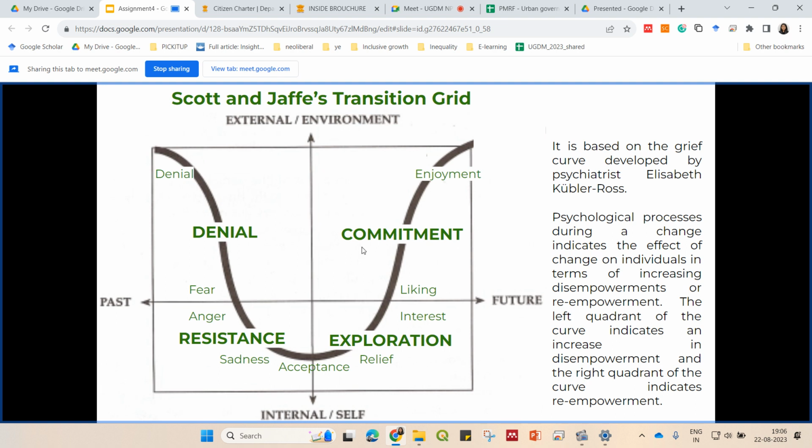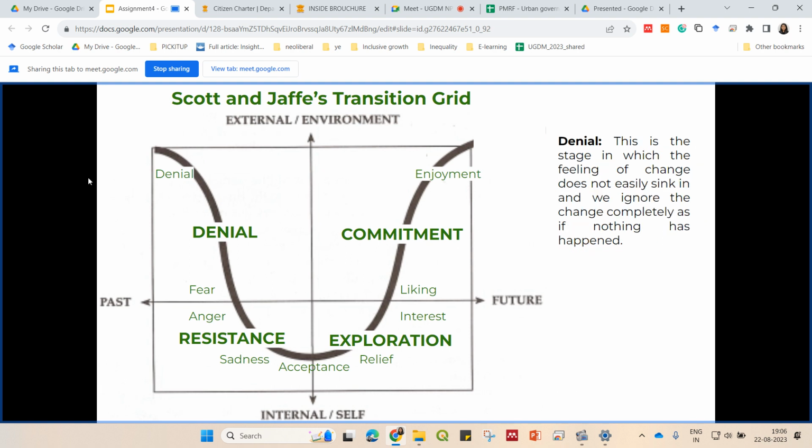So the first part comes at the beginning of the introduction of the change or the reform, which is denial. Denial is the stage in which the feeling of change doesn't easily sink in, and the individual tries to ignore the change completely, as if no change has been introduced at all.